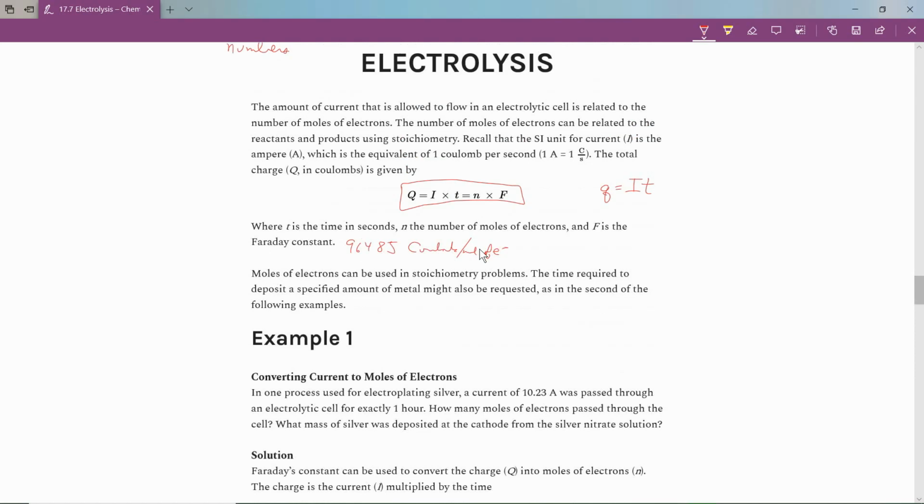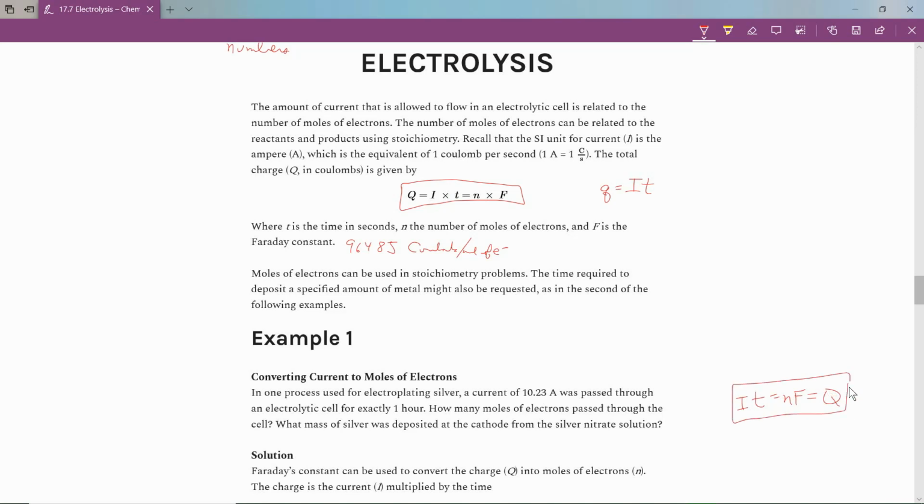If you multiply that by n, the moles of electrons, you'll get coulombs, just like I times T is coulombs. So all the units make sense. Okay, let's look at some examples of how this works, and I'm just going to write it here again. I times T equals n times F equals Q.